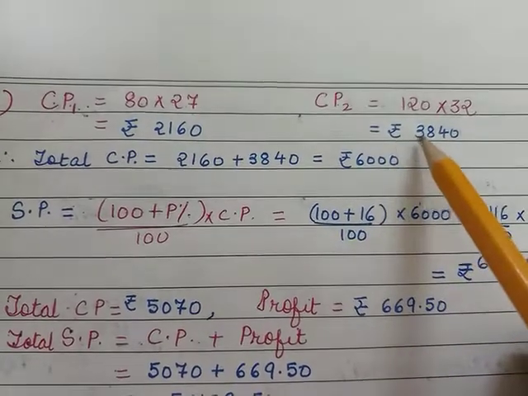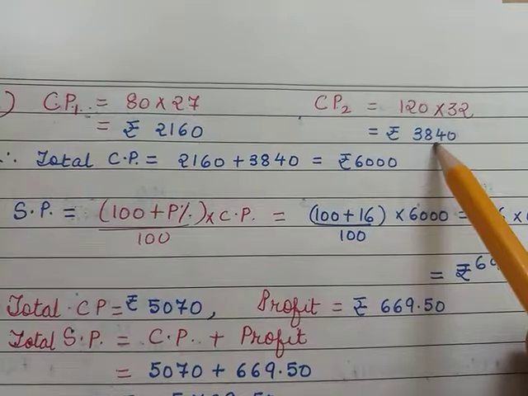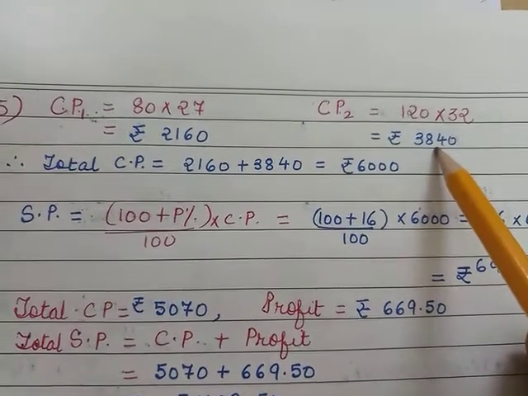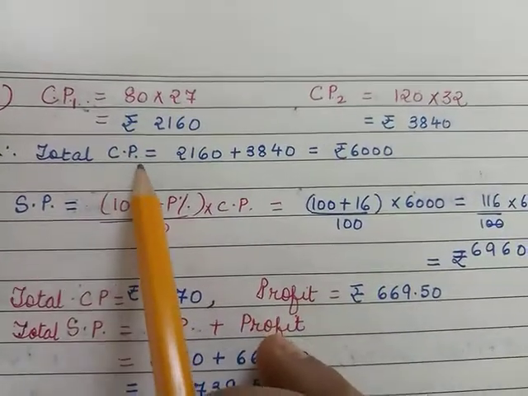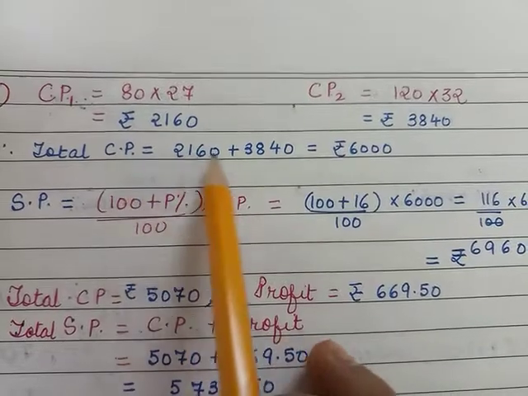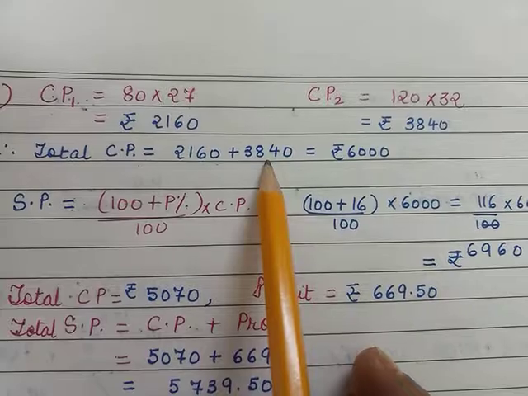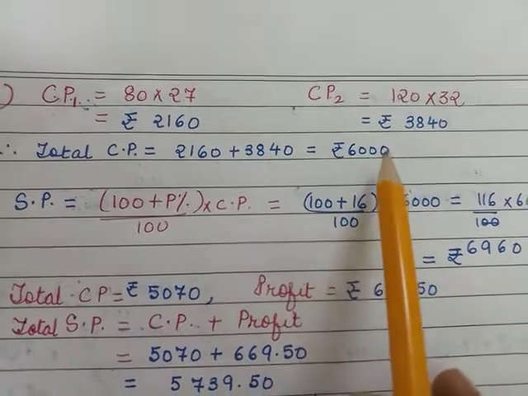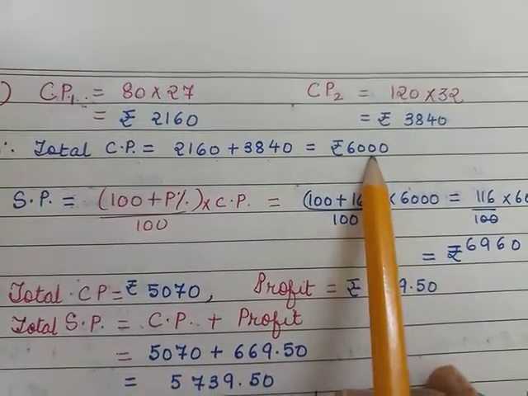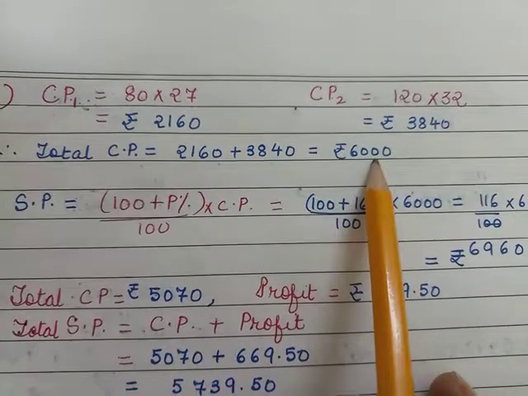So the total money he paid for 120 kg is 3840. So the total money he paid for both varieties of rice, the addition of 2160 and 3840, becomes 6000. So total money he paid for the rice is 6000.